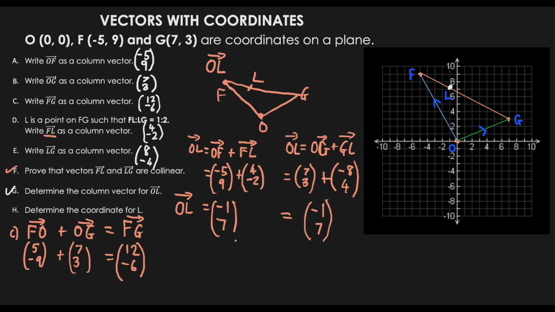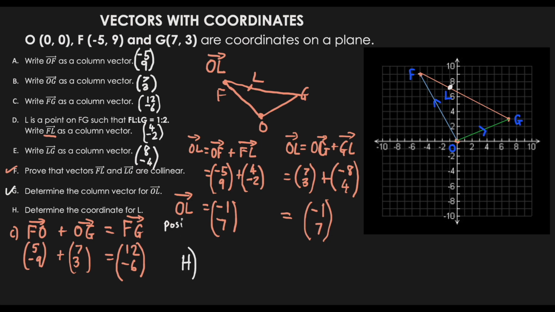Now, determine the coordinates for L. If we know that O to L is (-1, 7), remember O means that it's starting from the origin and goes to the point L. So from O straight to L. Because of that, we know it's called a position vector.